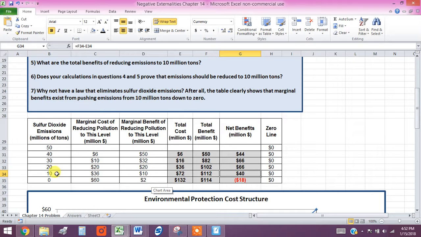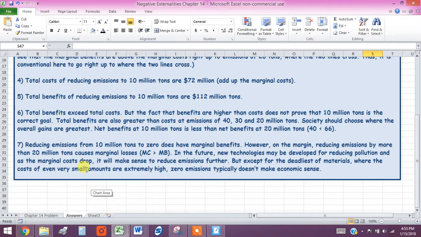So if we drop from 10 to 0, the marginal benefit is $2 million. So we do get a benefit. However, look at the cost over here. The cost is huge. So the cost of going down to 0 far outweighs the relatively very small benefit. Okay, so the answer that I actually wrote in here is probably the same.